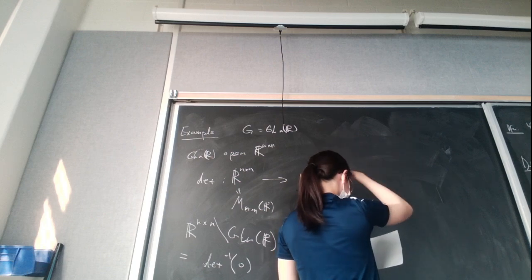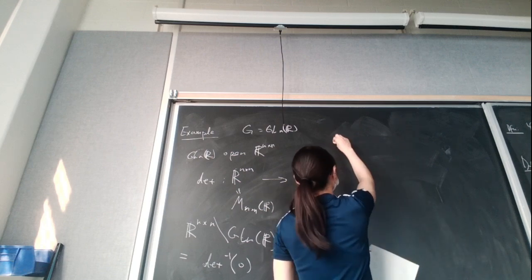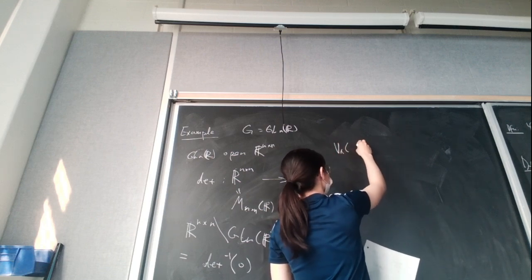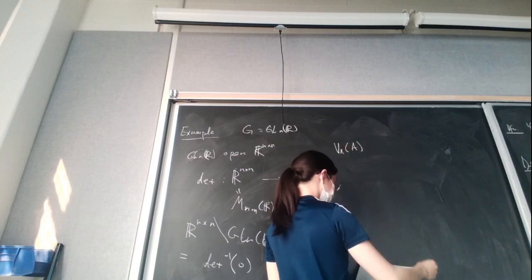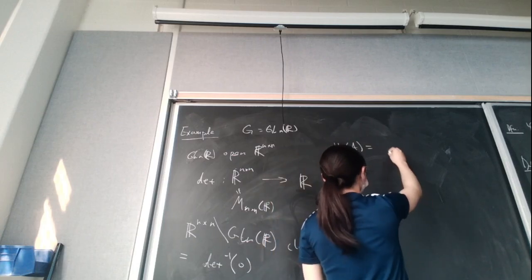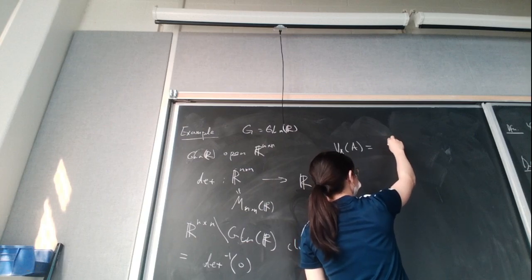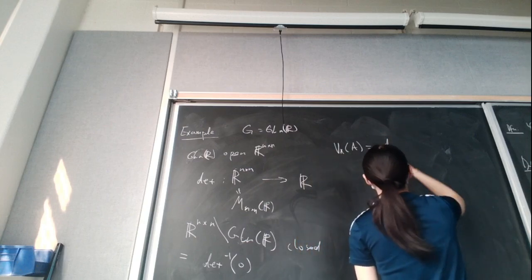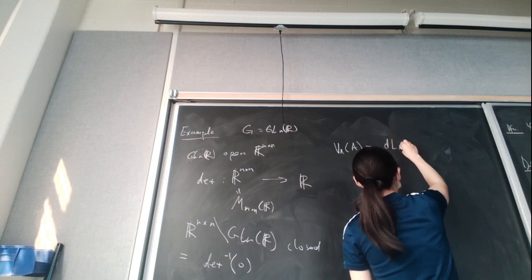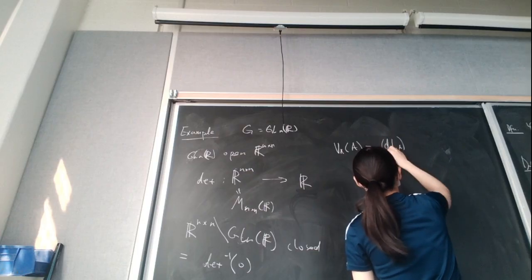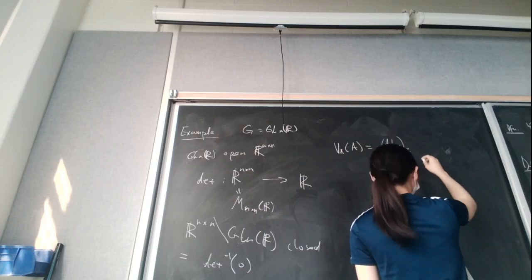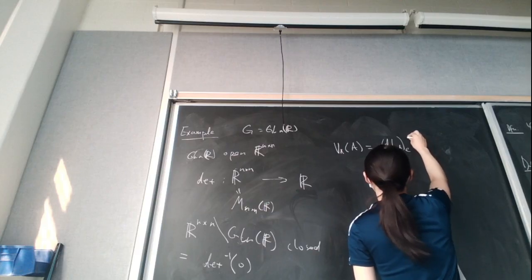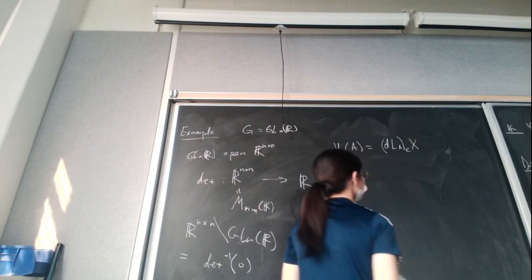And then we can look at the vector field evaluated at A, and that's the differential of left multiplication at identity times x.